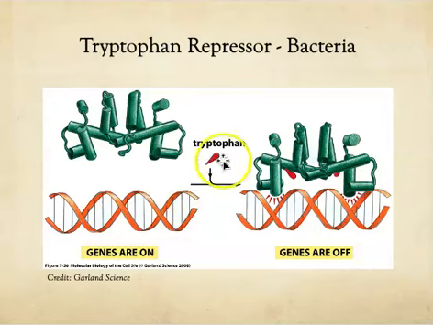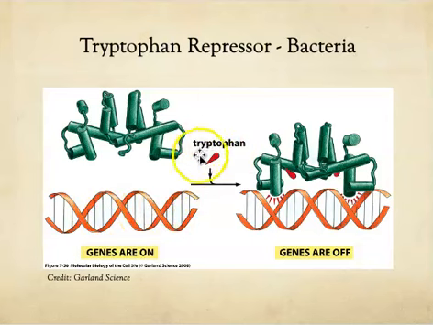So, if there's lots of tryptophan around in a bacterial cell, there is no need to transcribe and translate the tryptophan gene. We don't need any more tryptophan produced. We have plenty of it. So watch how the bacterial cell turns down or turns off this gene.